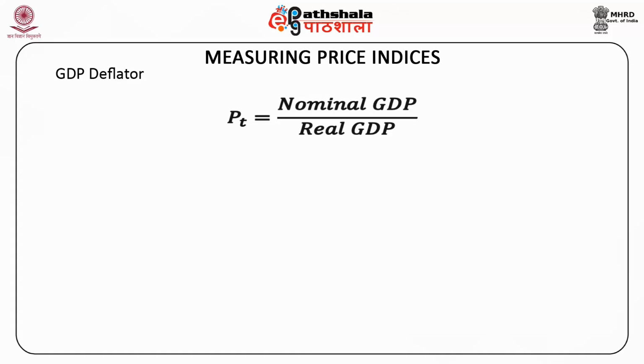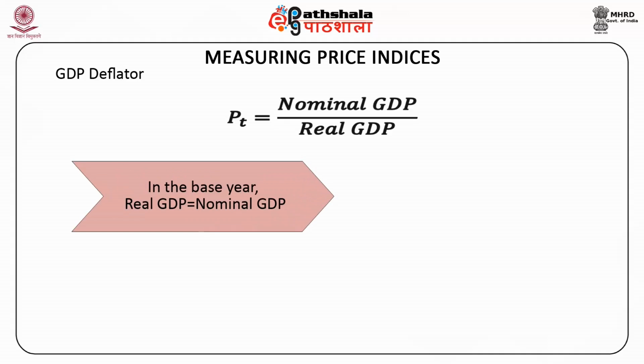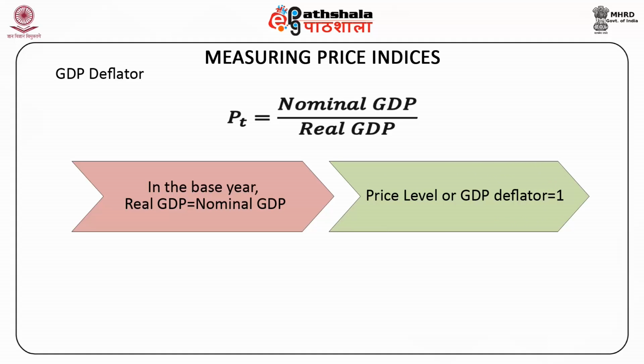GDP deflator is equal to nominal GDP divided by real GDP. In the base year, real GDP equals nominal GDP, and hence the price level or GDP deflator is equal to 1.